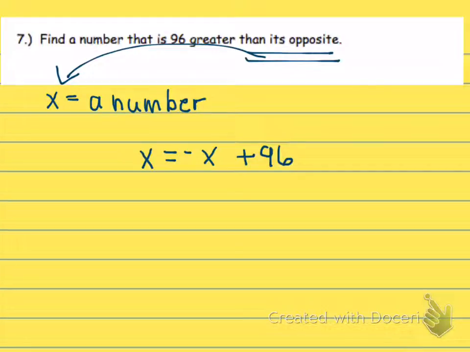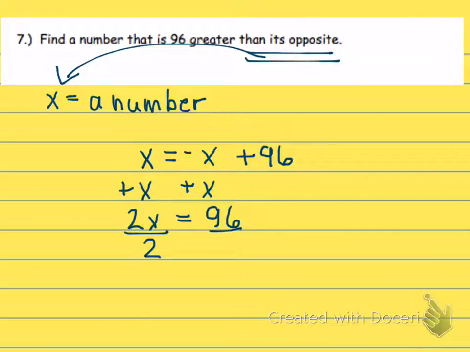Then I'm going to solve that equation. I need to get my variables to one side and my constants to the other. Then, of course, you isolate the variable, get that variable by itself.